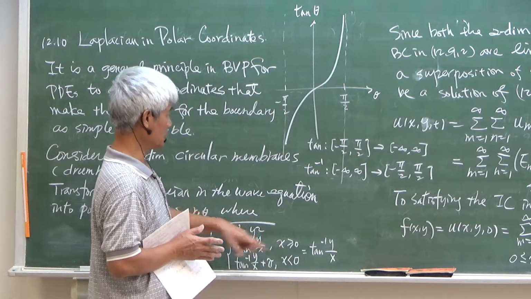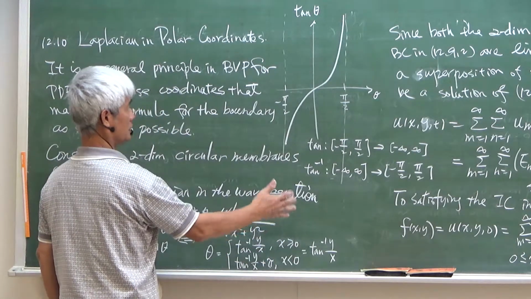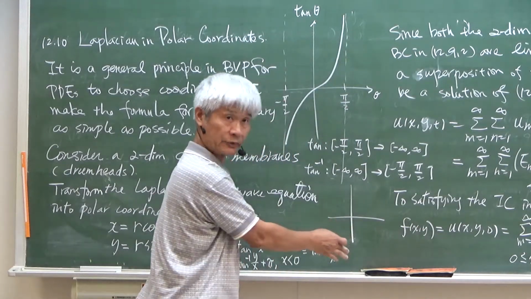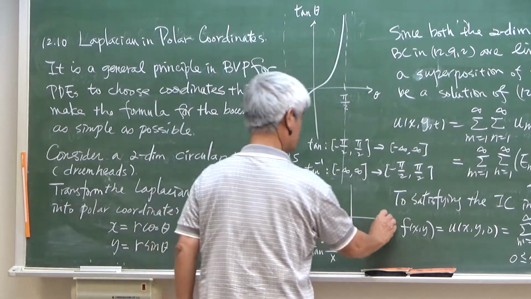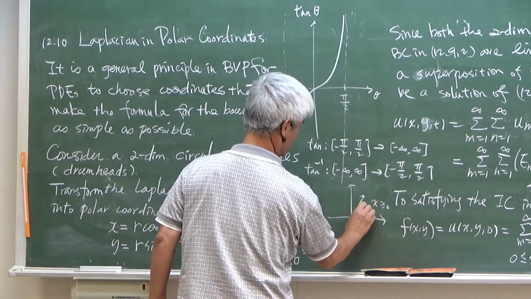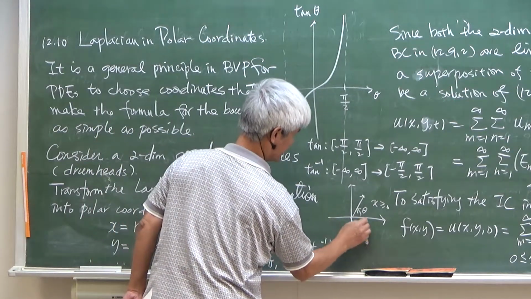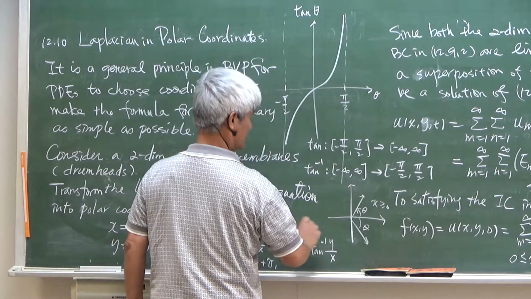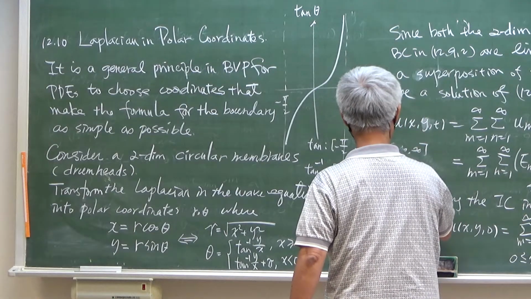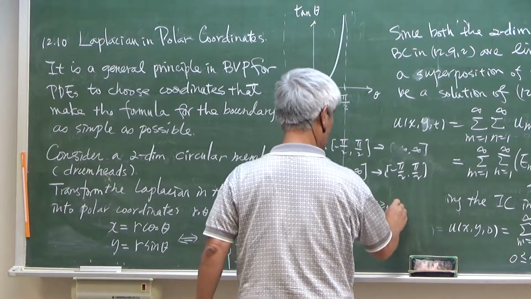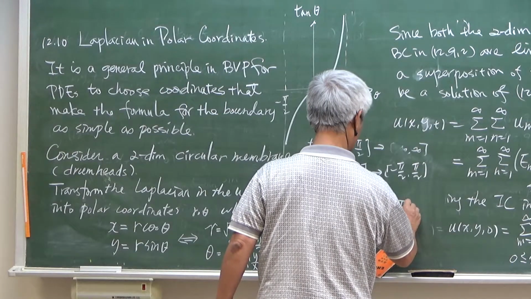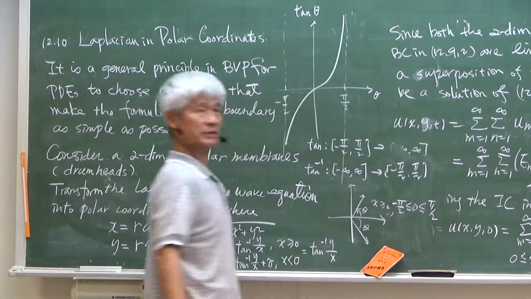So when x is greater than or equal to 0, the angle theta should be between minus pi over 2 and pi over 2.